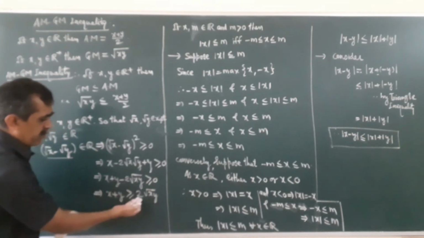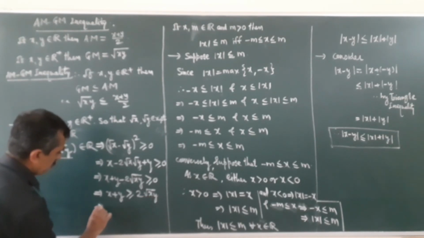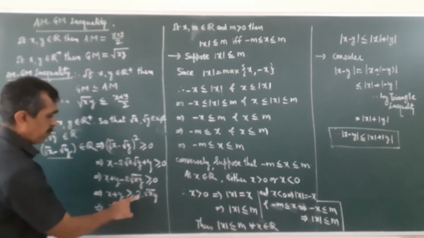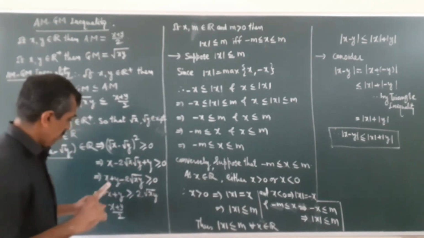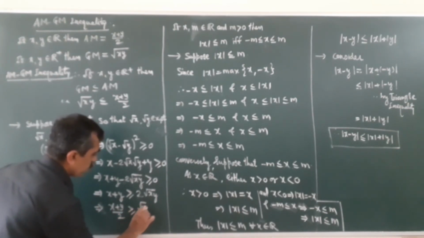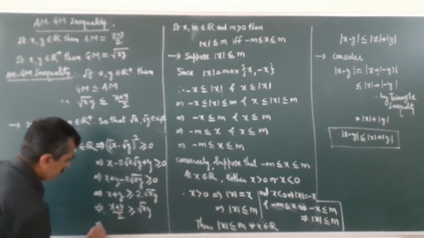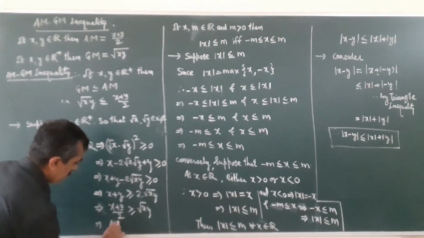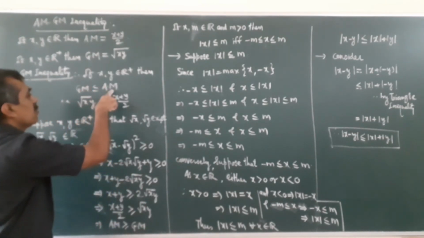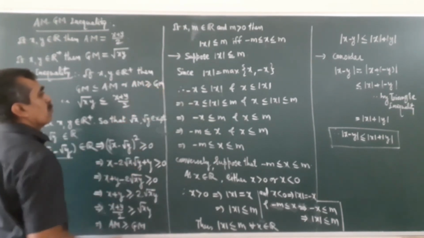Multiply both sides by the positive real number half: x plus y by 2 is greater than or equal to root xy. So root xy is less than or equal to this. This implies AM is greater than or equal to GM, or GM is less than or equal to AM.